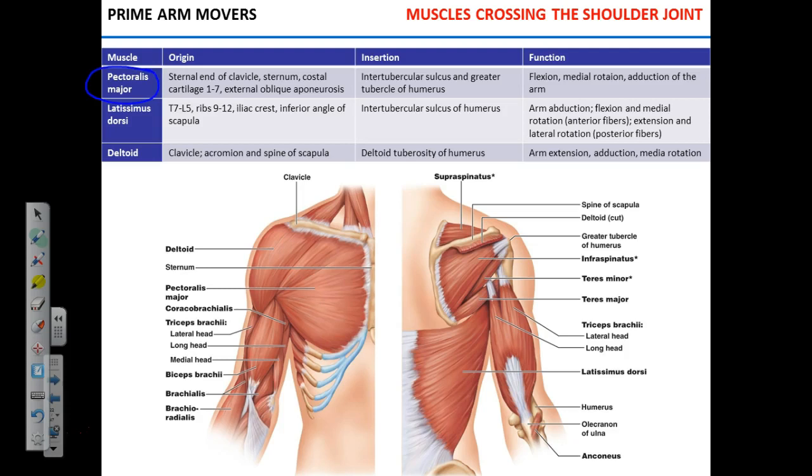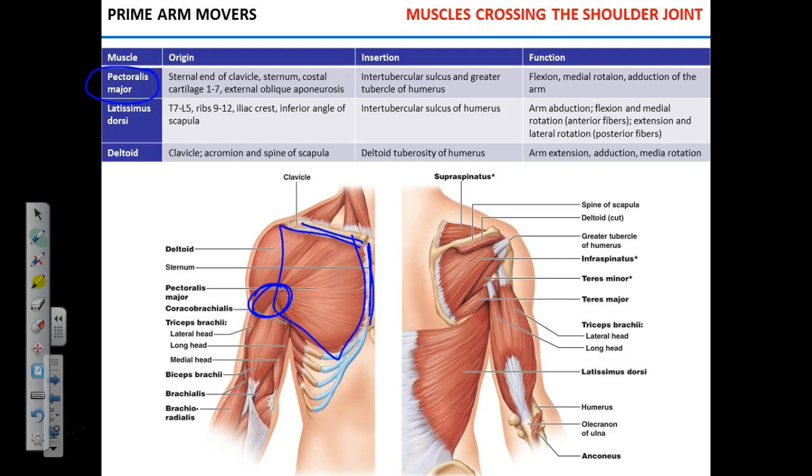Pectoralis major, the big chest muscle, okay? Origin is at the clavicle and sternum. Insertion is in the humerus. You can't see the insertion because it's kind of hidden. The insertion is going to be in the humerus.